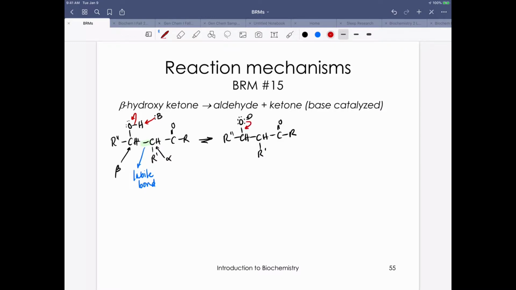And we're going to regenerate our carbonyl on our species on the left here, breaking this labile bond and regenerating, in this case, an aldehyde. And then again, with these carbon-carbon bond forming or breaking reactions, we keep atoms in their original positions, and that helps make sure that we don't lose anybody.